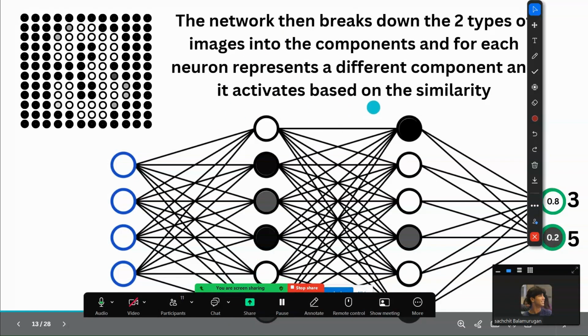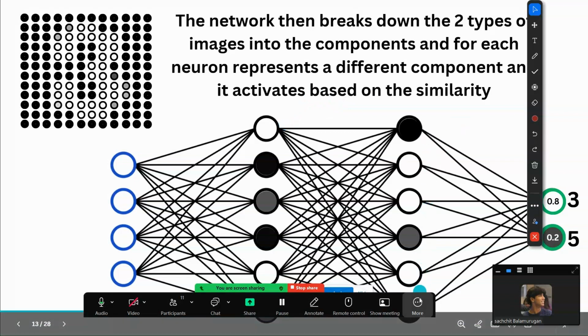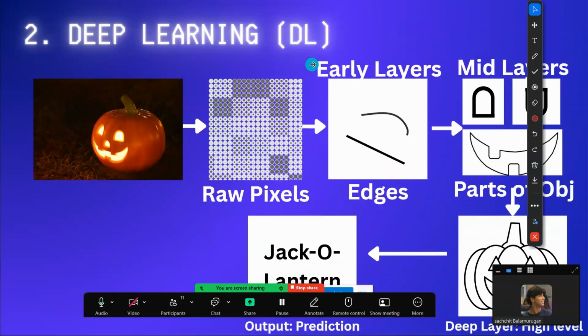So there's a layer here, there's a layer here. In this case, there are only two hidden layers. That's how I created this model. There are two hidden layers, and in these two hidden layers there are 6 neurons. Okay, and let's say in its first layer, it understands the edges completely.